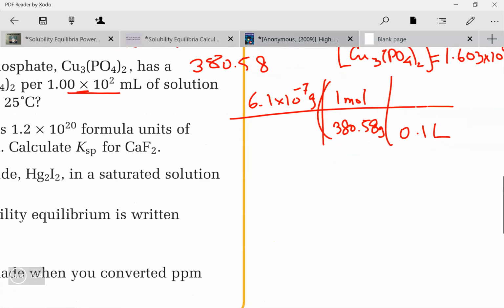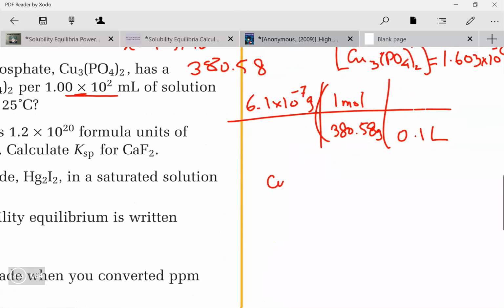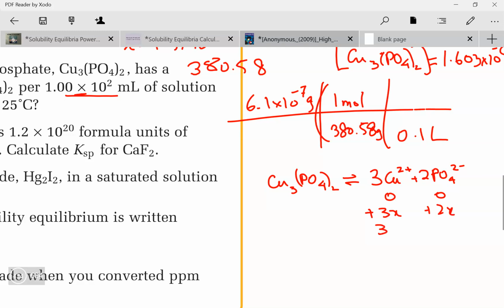Now I have to calculate KSP. For that I have to write an equilibrium expression. I'd like to write out the equation here just so that we can see exactly what's going on. 3Cu 2 plus, 2PO4 3 minus. Again, you do your 0, 0 plus 3x, 2x.